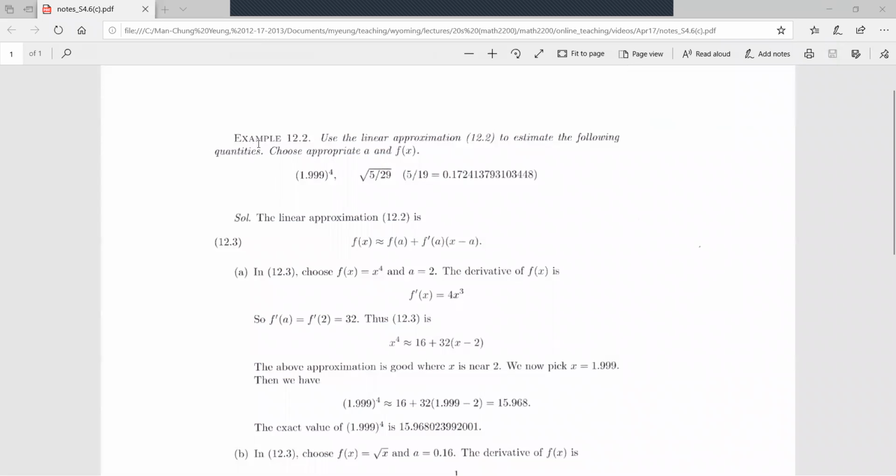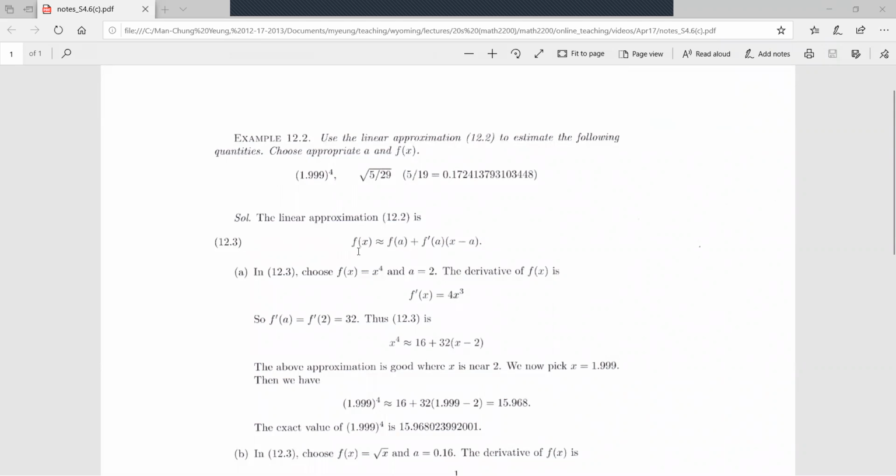Second example today. Use the linear approximation to estimate the following quantities. Choose appropriate a and the function f. Recall that the linear approximation formula is this.